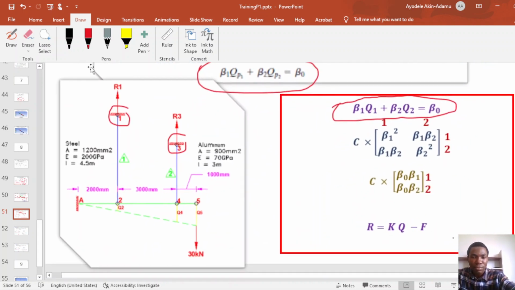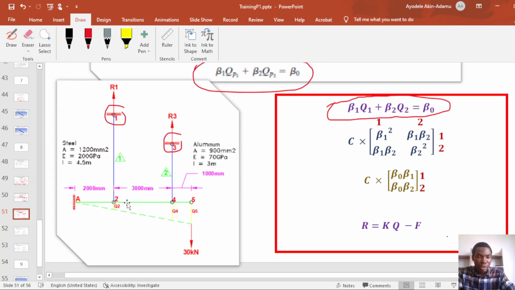In this problem, Q2 is a boundary condition with displacement without load defined. Node 4 is a boundary condition without any load defined. Node 5 is a boundary condition with load applied.